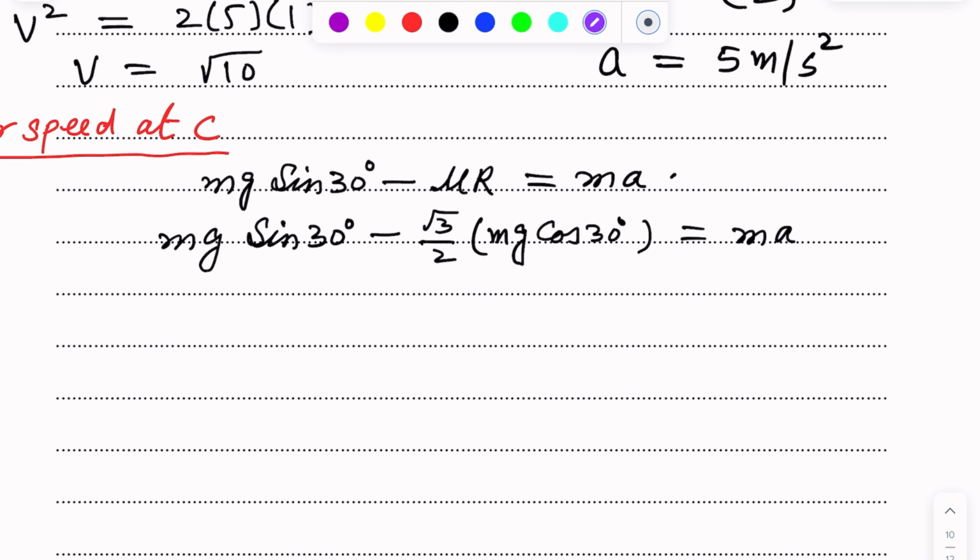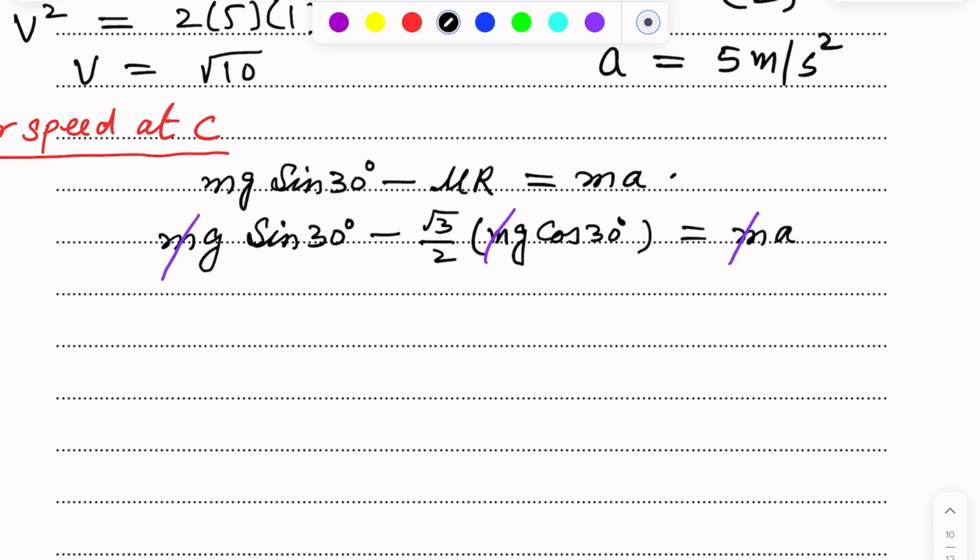Taking m as common from both sides, m is common in these two terms, and on the right hand side also there is m, so m cancels from both sides.